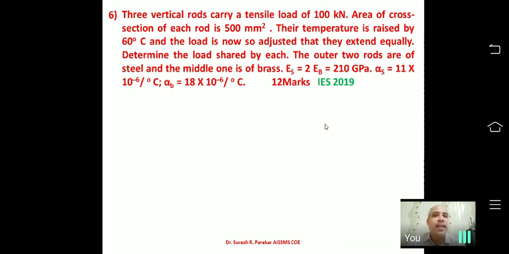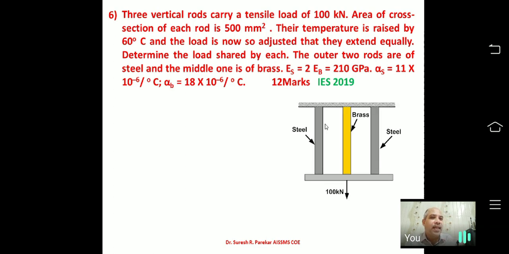Now in this one, we have a combination. Read the problem very carefully. Temperature increase is also there and load is also applied. We have 2 rods of steel and 1 rod of brass, and we have to find the load shared by each.